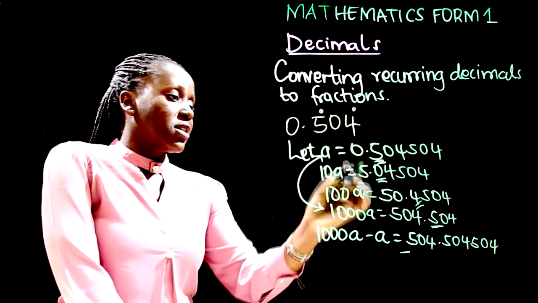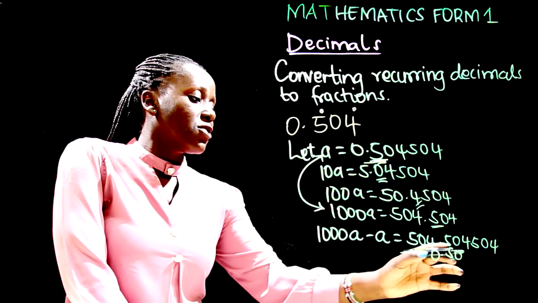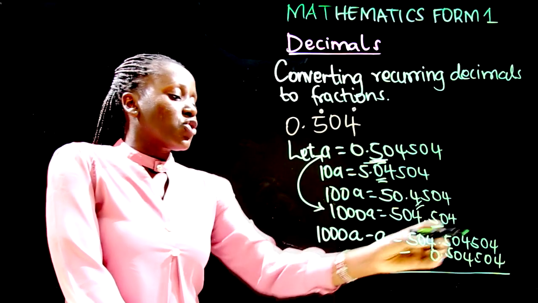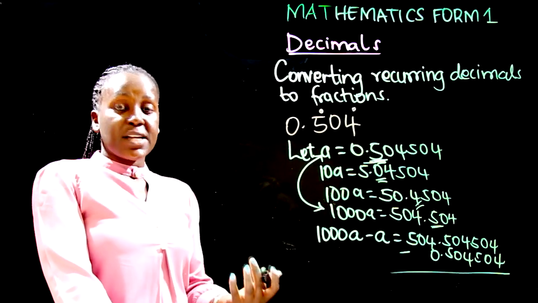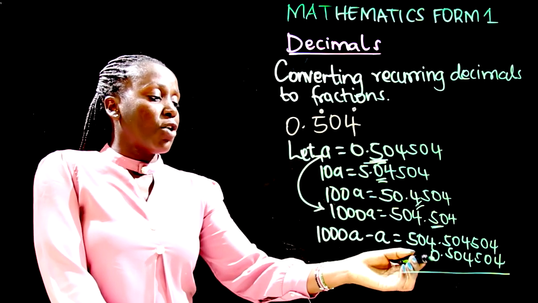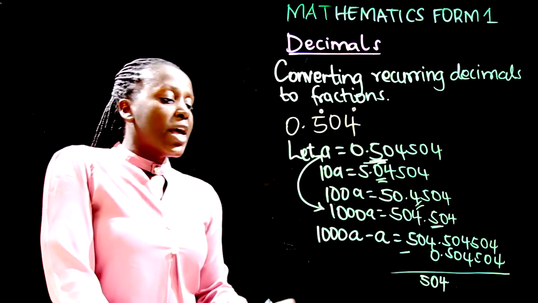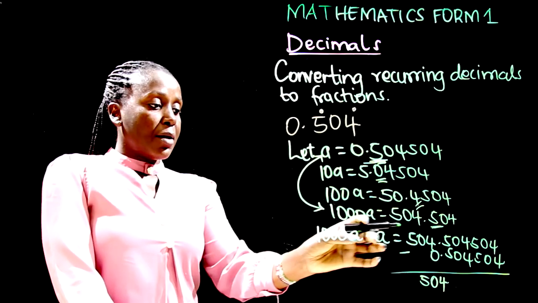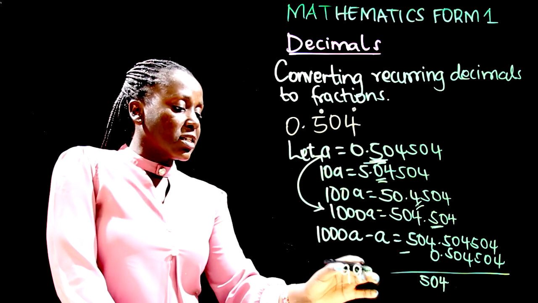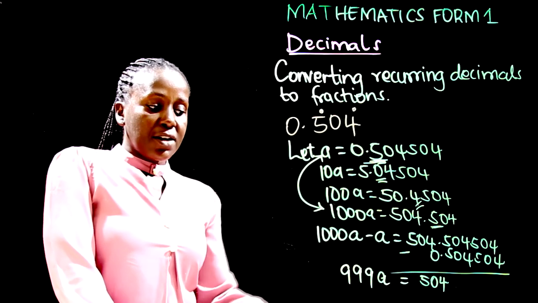Then we subtract this value 0.504504. So we are sure that after the decimal point we get a 0 because these numbers are the same. So we have 504 minus 0, which is 504. Then 1000A minus A will be equal to 999A, and this is equal to 504.